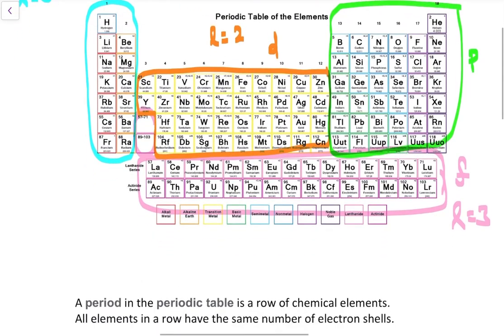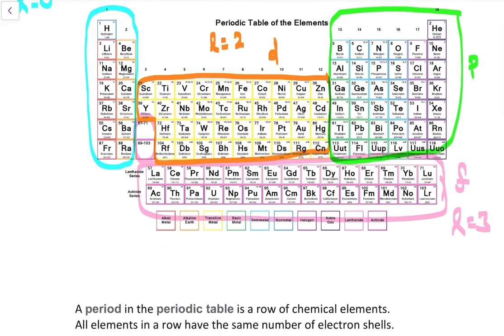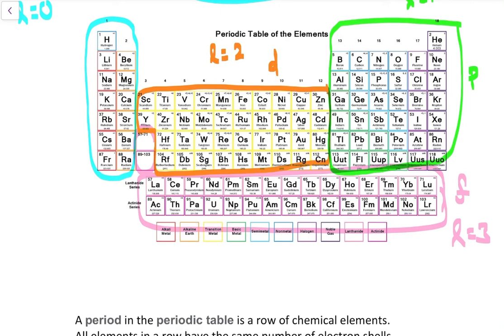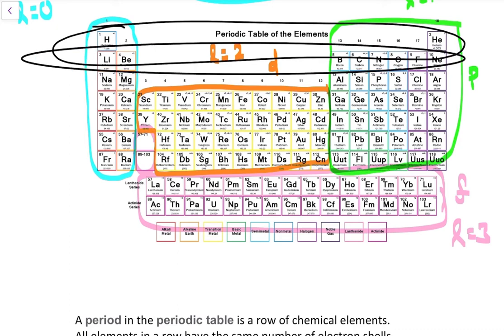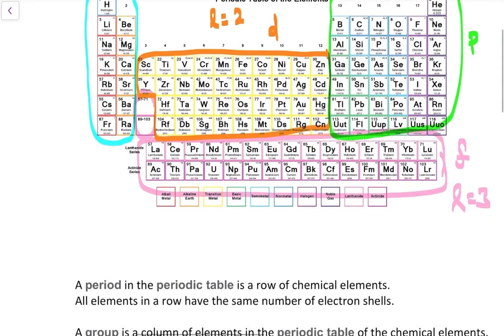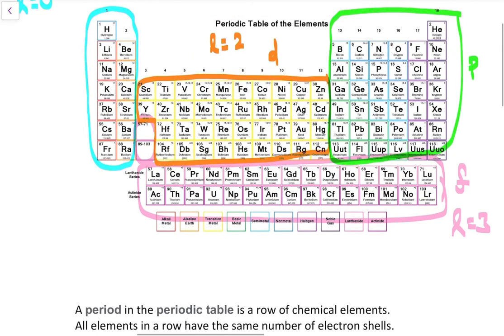First, you need to know the term period itself. As you learned in SPM, a period is this whole row. This is called period 1, and then you go to period 2. Then you need to know what a group is. This is considered a group, going down the groups.